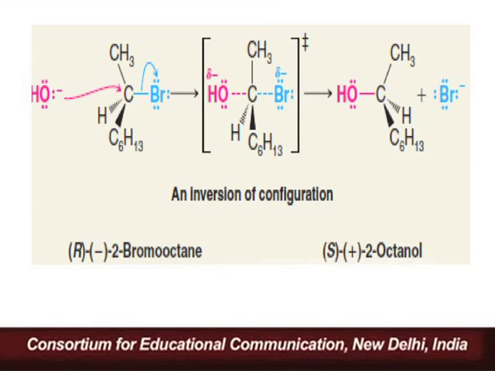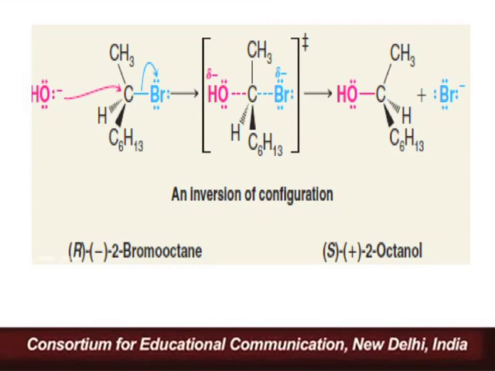In this transition state, carbon is fully bonded to 3 groups and partially bonded to a hydroxyl group, which is acting as a nucleophile, and to a bromine atom, which will act as a leaving group. And this bromine atom is eliminated as bromide anion, resulting in the formation of 2-octanol.